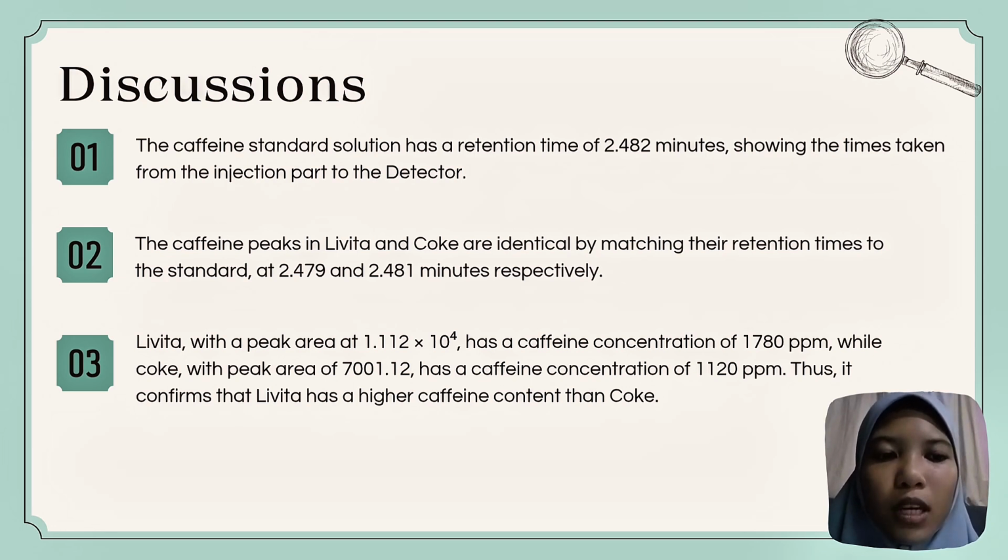Levita, with a peak area of 1.112 times 10 to the power of 4, has a caffeine concentration of 1780 ppm, while Coke, with a peak area of 7001.12, has a caffeine concentration of 1120 ppm. Thus, it confirms that Levita has a higher caffeine content than Coke.